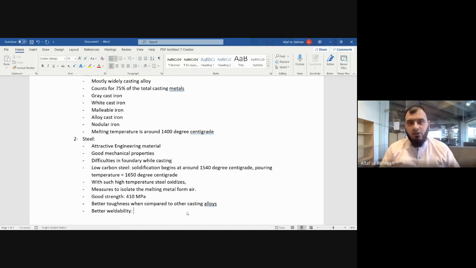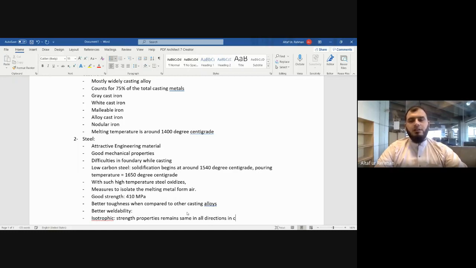So we call it isotropic, while in other methods of dealing with steel, like forging or rolling, the properties are directional, because the properties will not remain the same in all parts of the steel product. So casting has isotropic behavior, or we can say the strength properties remain the same in all directions.